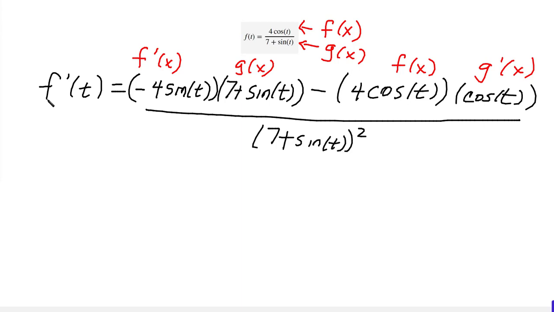But the top, I can look up here and see there's some things I could do. I could distribute the negative 4 sine, and then of course I can multiply those two together.